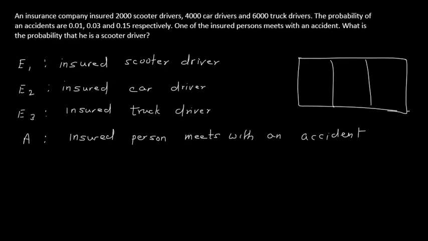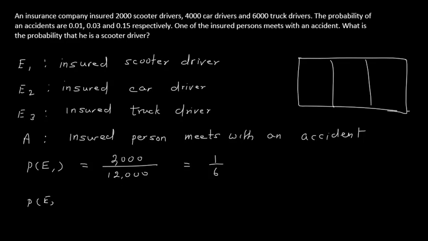Okay, so here possibility of E1 is, I have 2000 scooter drivers, so this is 2000 divided by the total number of drivers, 2000 plus 4000 plus 6000, 4 plus 2 is 6, 6 plus 6 is 12,000, so this is 12,000. Now 2000 divided by 12,000 is 1 upon 6.